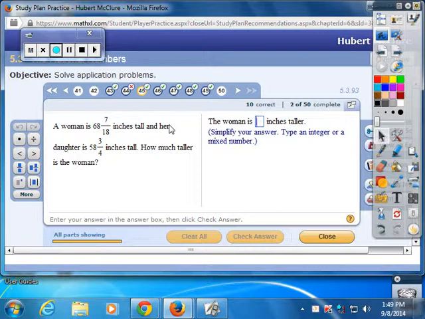Write this one down. A woman is 68 7/18 inches tall, and her daughter is 58 3/4 inches tall. How much taller is the woman? Taller, ER. Anytime you see the word ER means you're going to what? Subtract.